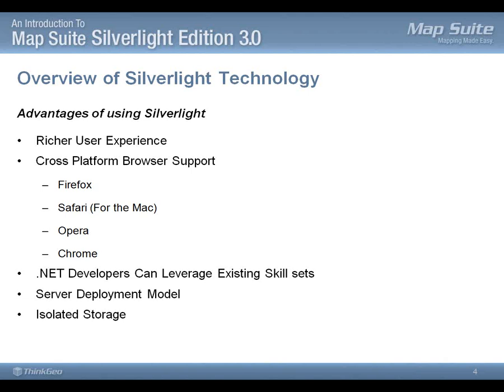And with all these new browsers coming out, users want to have their pick of what browser meets their needs. So one nice thing about Silverlight is Microsoft has developed the browser download for all of these different types of browsers, so you can build your application once and it'll run on any of them.